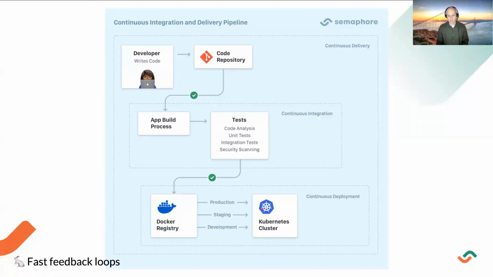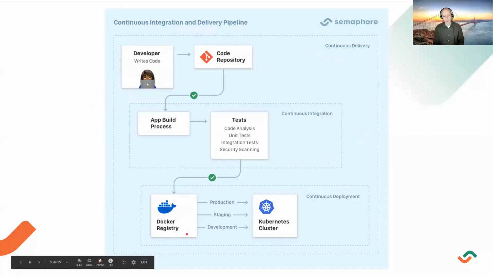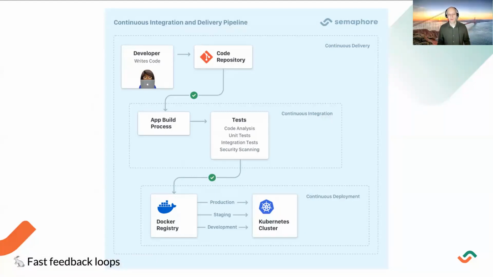And this continuous deployment part is connected to this continuous integration part, and all that together is called continuous delivery. And continuous delivery is that practice of shipping things in front of users quickly.